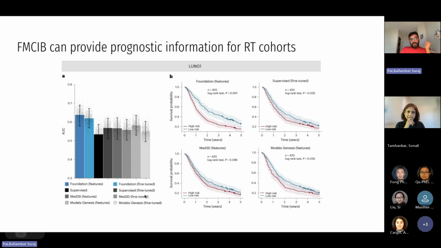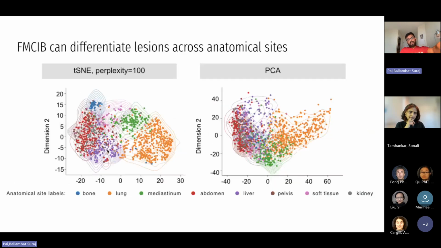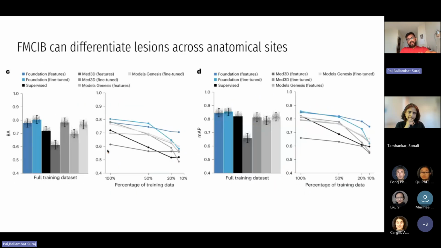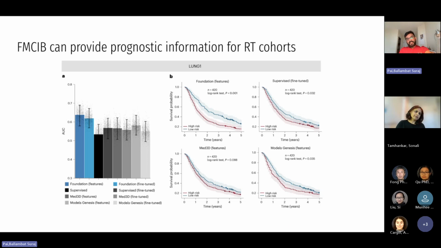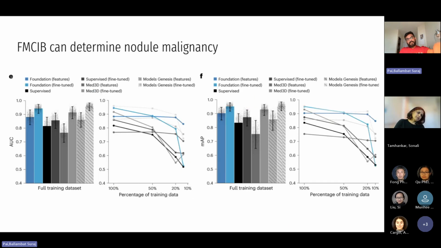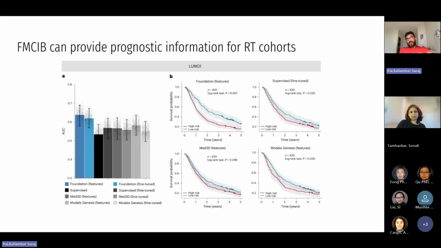The supervised fine-tune one was because we actually built two other models previously here, one for identifying the lesion anatomical site and one for nodule malignancy. We thought we could take those previously built models and then fine tune them on this new task. So in this case, the supervised fine tuned is we took a model from the nodule malignancy, and then we fine tuned it on this prognostication task.